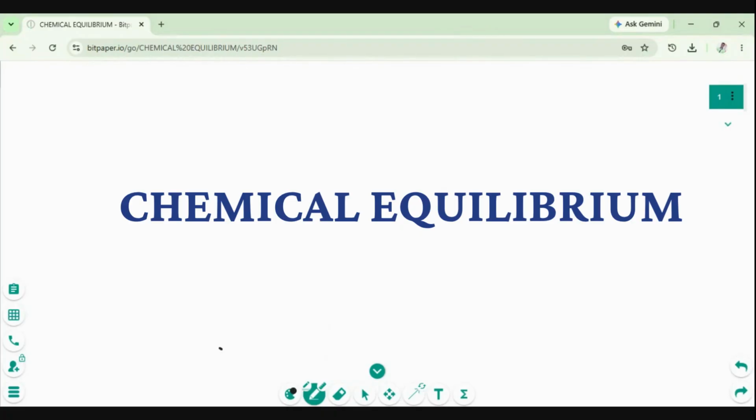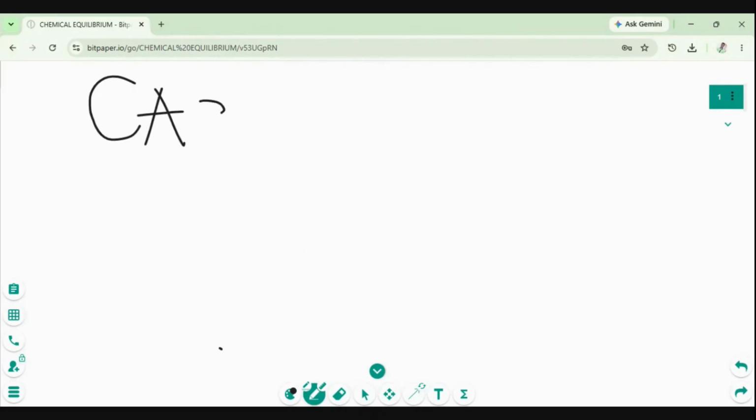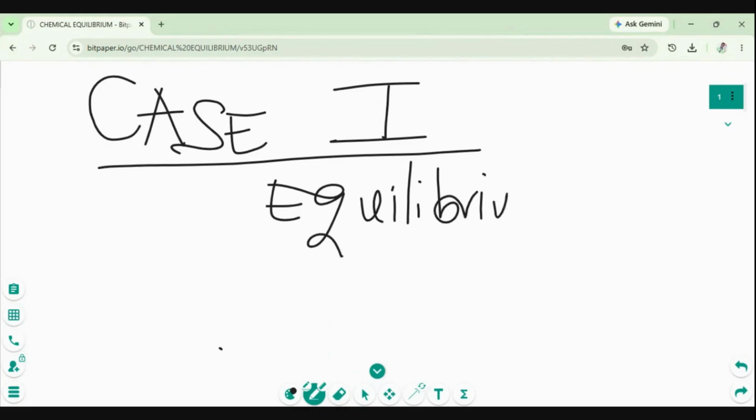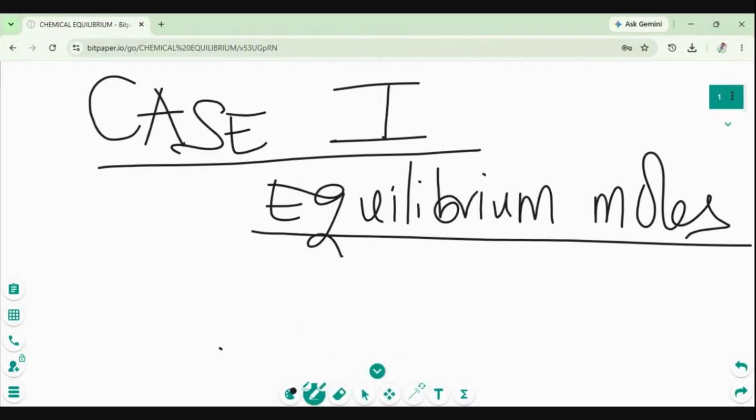I want us to streamline it a little better by looking at these calculations in cases. We looked at case 1, where you have been given equilibrium moles, and your intention is to calculate the Kc and the Kp.